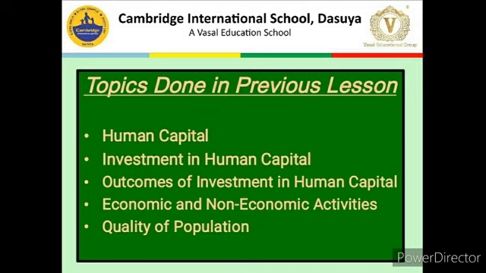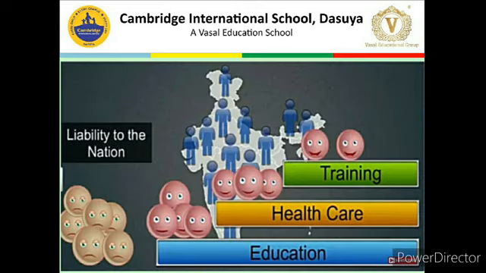Then you had learnt about population. In order to grow the economy at a faster rate, the quality of population should be increased, and the determinants that can increase the quality of population are education, medical care, and training.